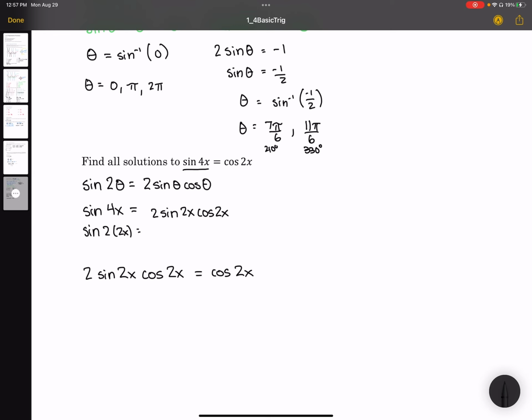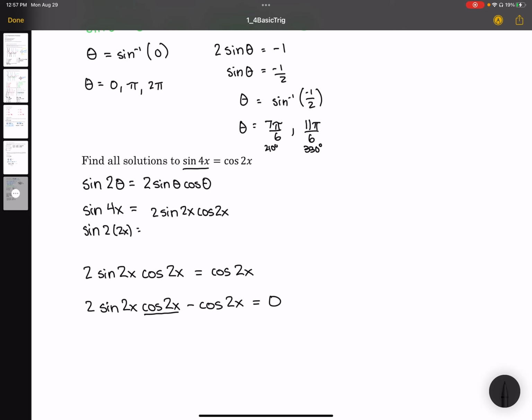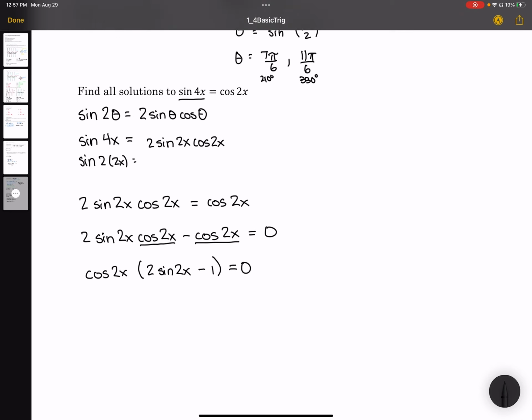We want to subtract, so we get 2 sine 2x cosine 2x minus cosine 2x equals 0. The next thing we can do is factor out the common factor of cosine 2x from both terms. So we get cosine 2x times 2 sine 2x minus 1, and that equals 0. So like the zero product property.